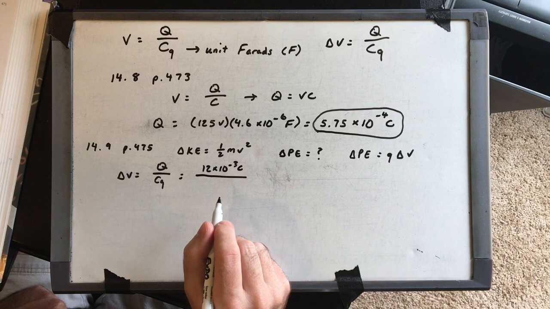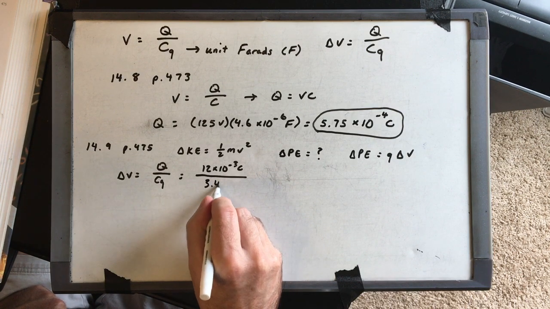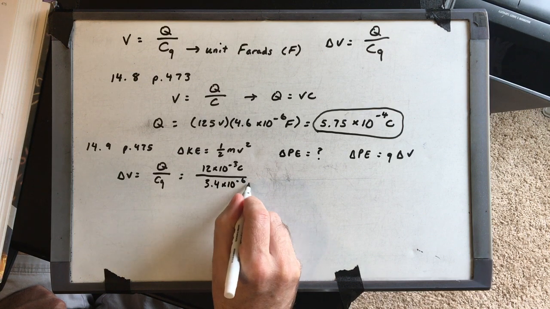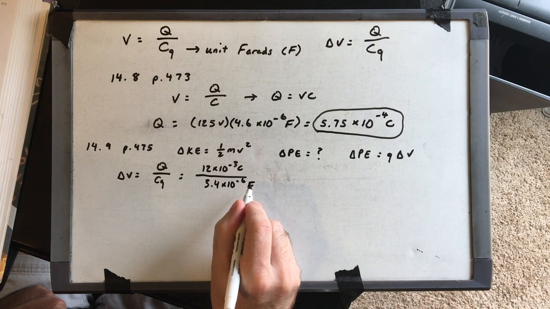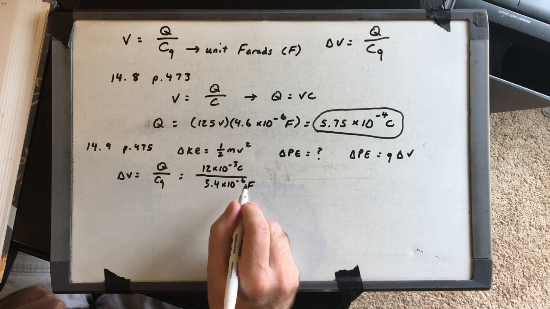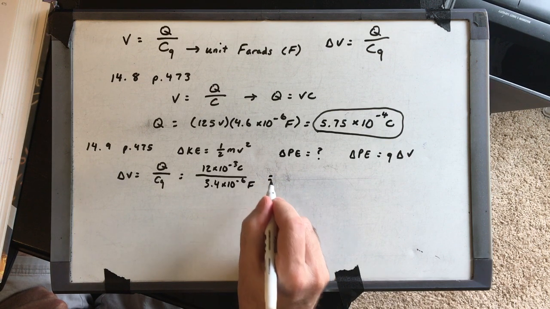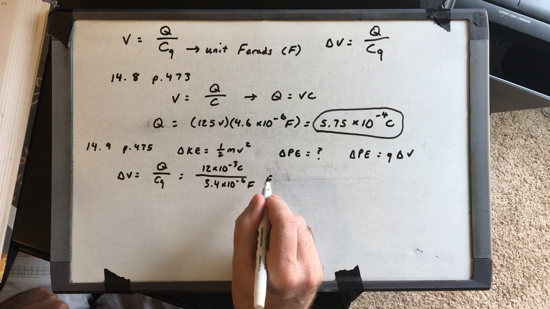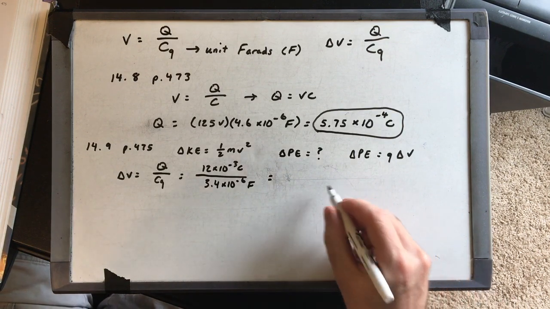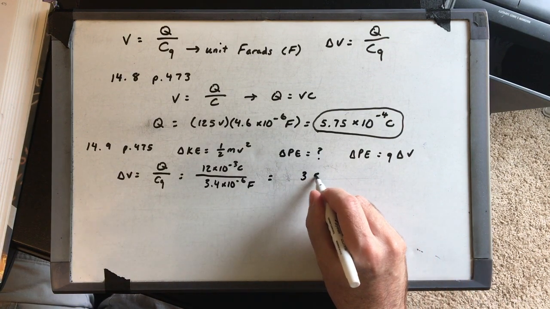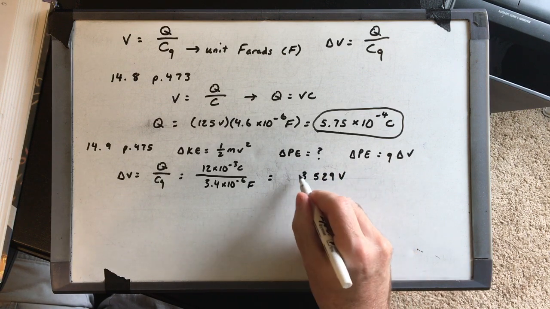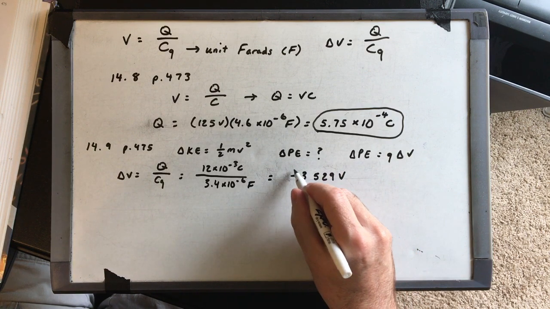And the capacitance is 3.4 times 10 to the minus 6 farads. All right, now you know that it moves to the negative plate of the capacitor. So it's moving from the positive to the negative plate. So this is a really important concept to realize. So that's 3,529 volts, but we have to make that negative. So make a note here.